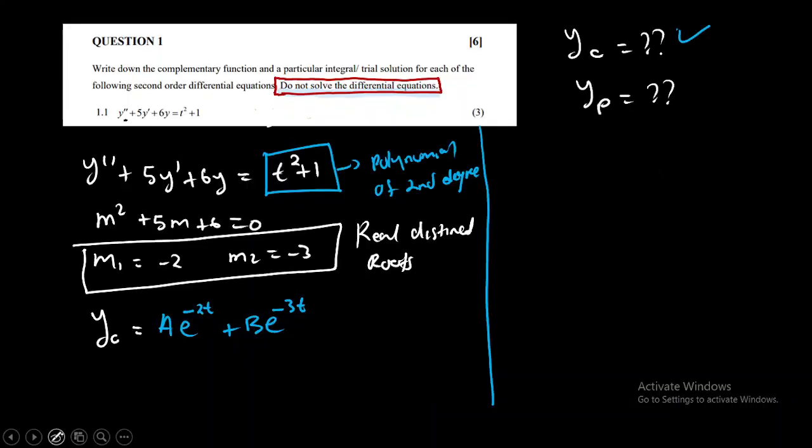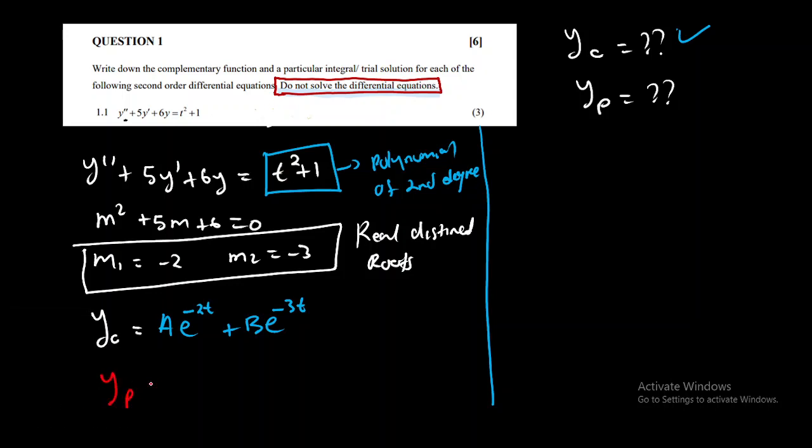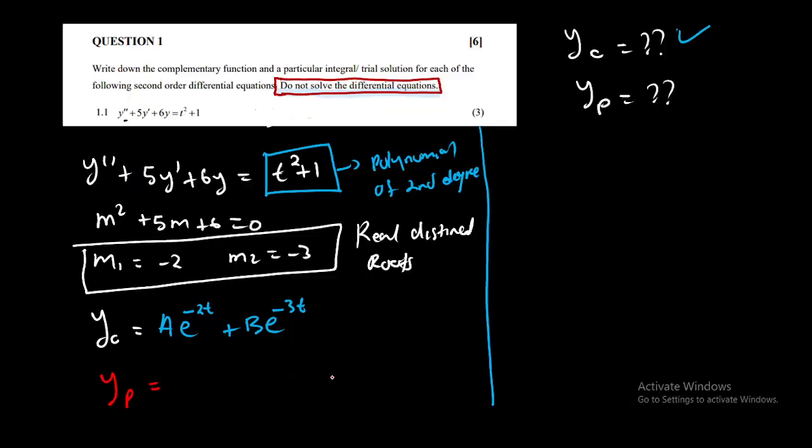So basically our answer for our yp is going to be yp equals what? Pay attention to something. You can see that here you have your equation in terms of x and variables a, b, and c. But if you look at your right hand side, you're having a t. You understand? So it should be in terms of t, not x, because you don't have x in this differential equation.